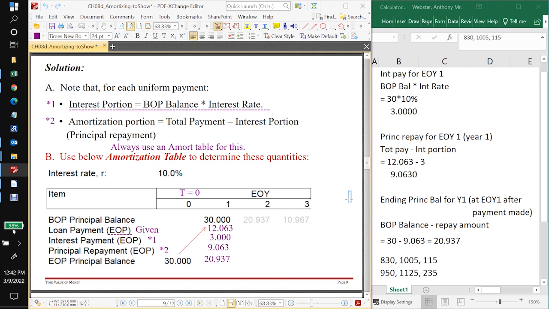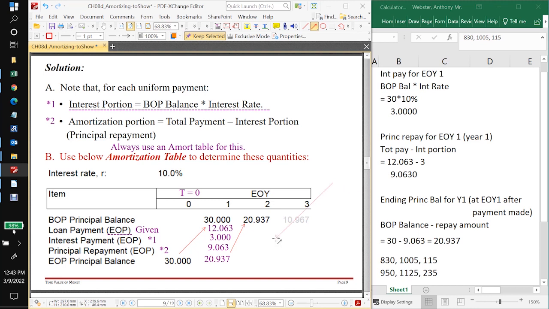So now we can do exactly the same thing for years 2 and 3, and we're going to be good to go. So first thing we want to note here is that the ending balance for year 1 is exactly the same as the beginning balance for year 2. Same sort of idea as we had starting at the beginning of the project.